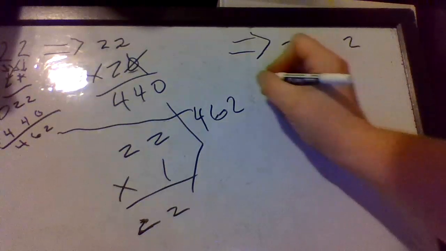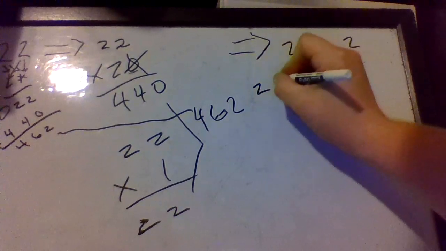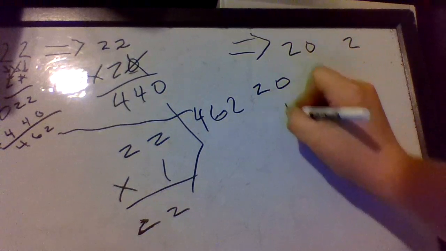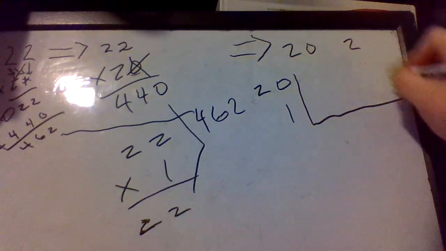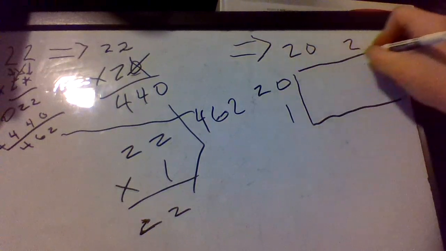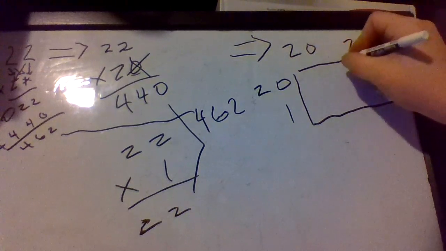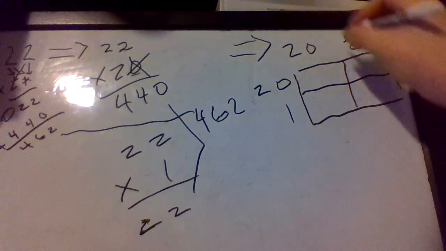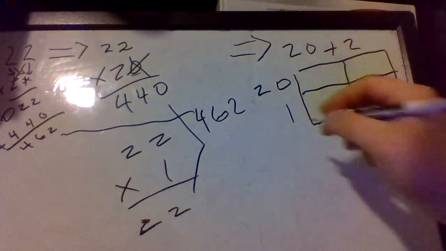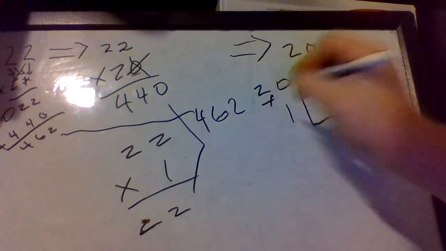And 21 can be broken into 20 and 1. So we're going to make our box to encompass all those numbers. See, 20 plus 2 equals 22, and 20 plus 1 equals 21.